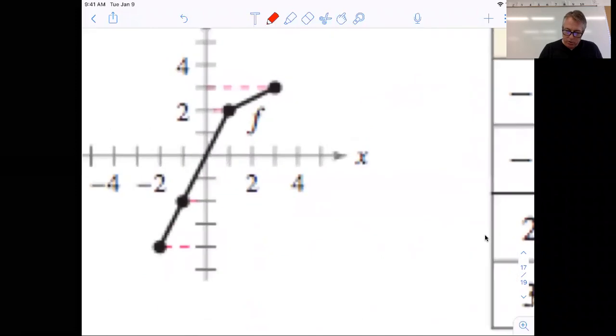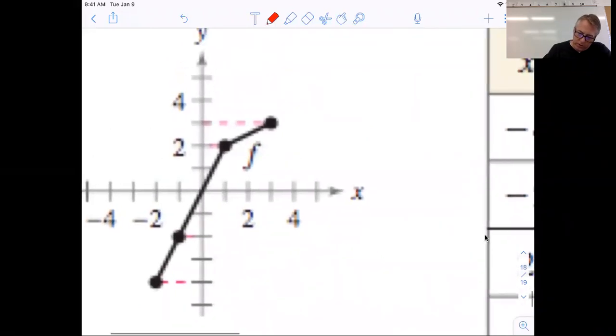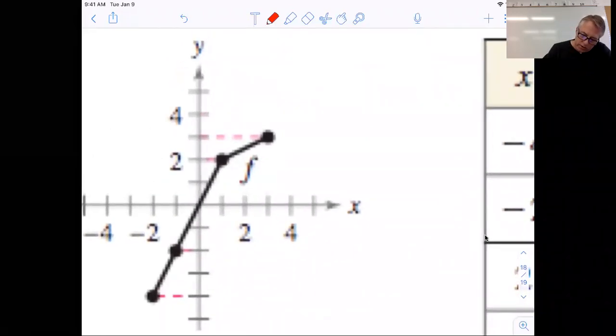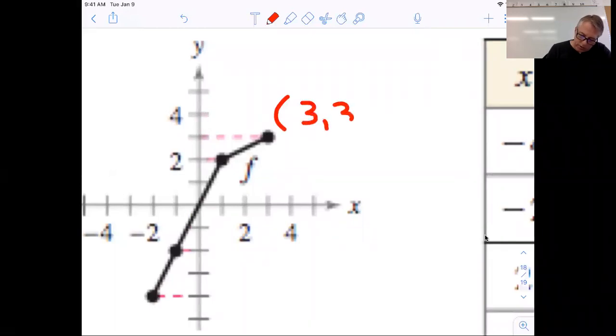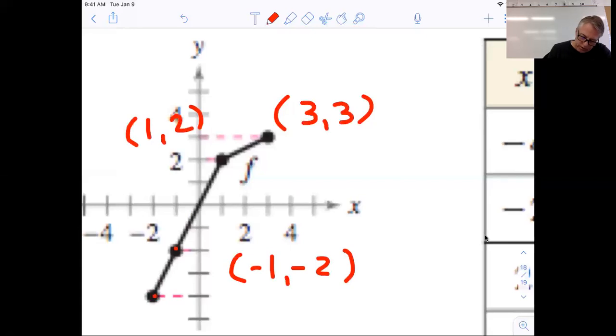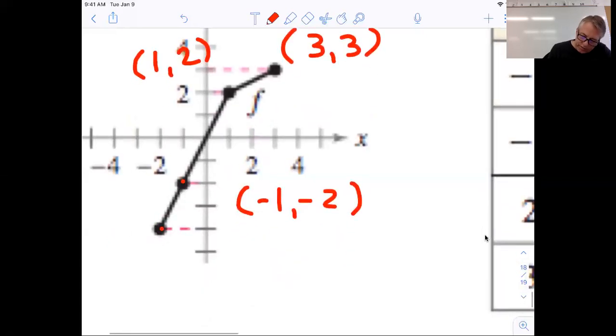So for example, I'm going to write down the coordinates of these points. This is on the function. This is the point 3, 3. This point here is the point 1, 2. This point is -1, -2. And this is the point -2, -4.